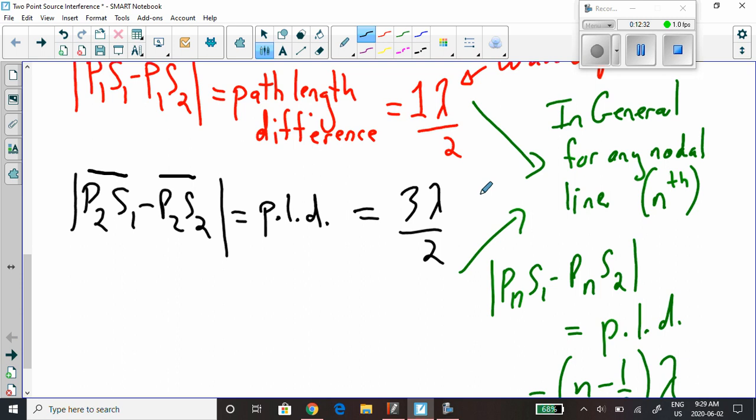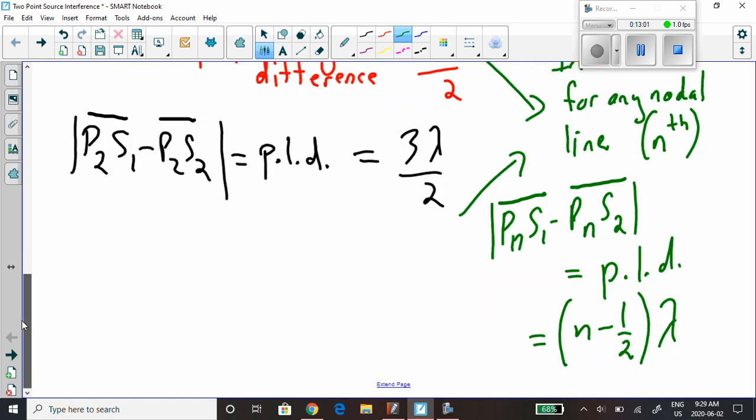So what can we learn from this? We can learn that in general, for any nodal line, so the nth nodal line, that's where we continually have destructive interference, is shown by this equation here: P1S1. So it's not the first, it's any point on the nth nodal line, minus P1S2. That path length difference is always a multiple of lambda based on the half.